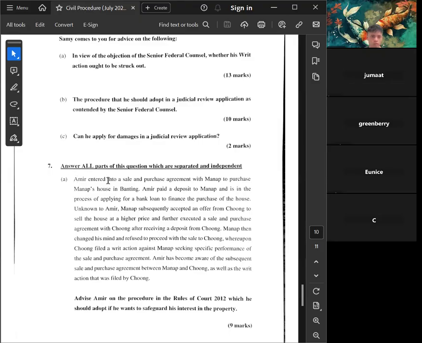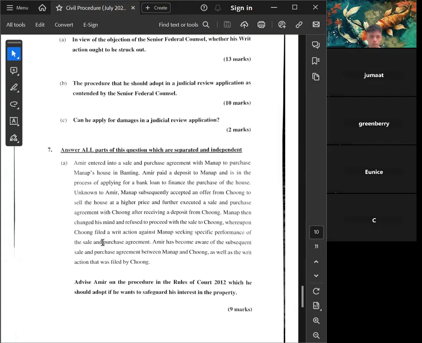7A. Amil entered into an S&P with Manap to purchase the house in Banting. Amil paid a deposit and is in the process of applying for a bank loan to finance the purchase of the house. Unknown to him, Manap subsequently accepted an offer from Chong to sell the house at a higher price and executed an S&P with Chong after receiving a deposit from Chong.